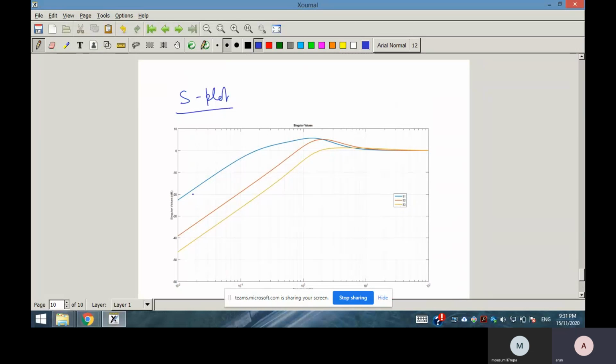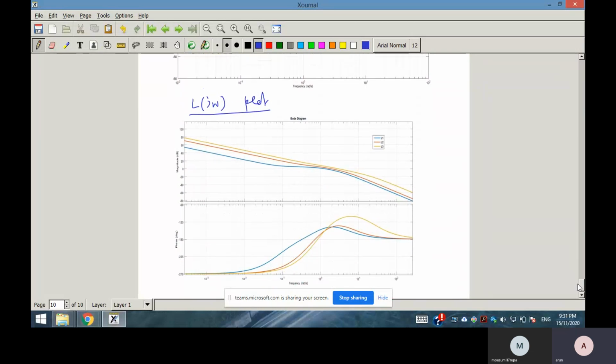You can see the peak overshoot, that S infinity value, S infinity means MS, is more in case of low value of Q hat. In case of high value of Q hat, the MS is less, but in case of medium value, it is traded off. Now in case of the loop transfer function also you can see L1, L2, L3.